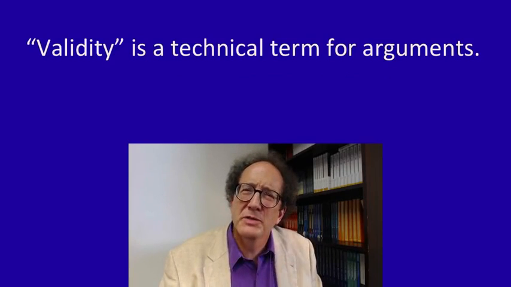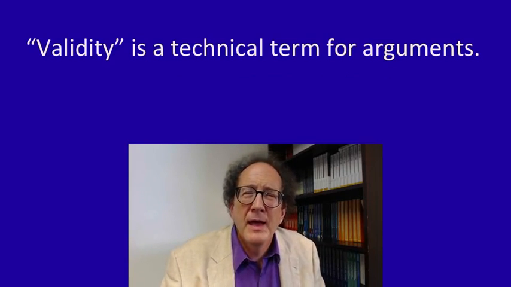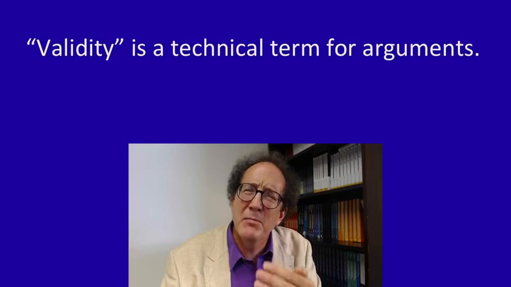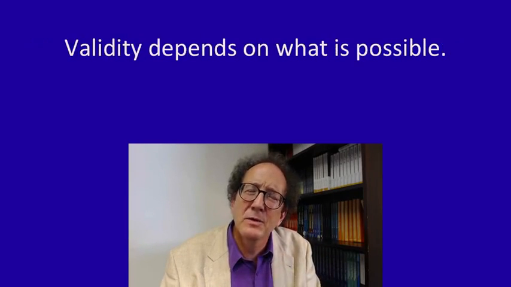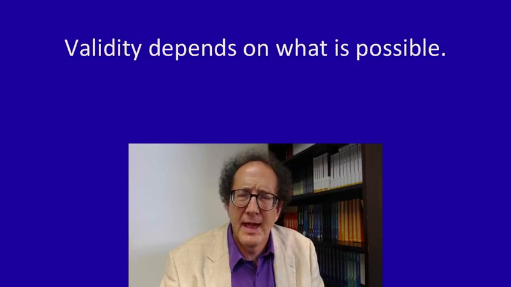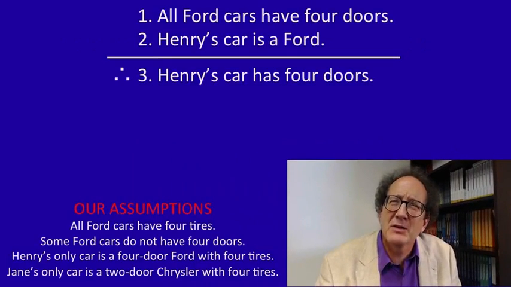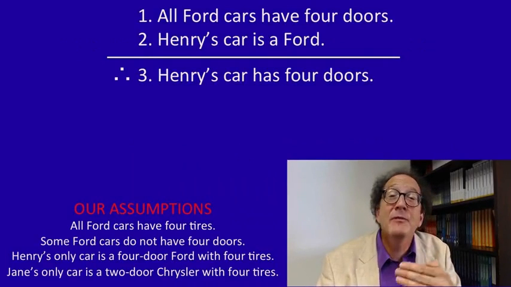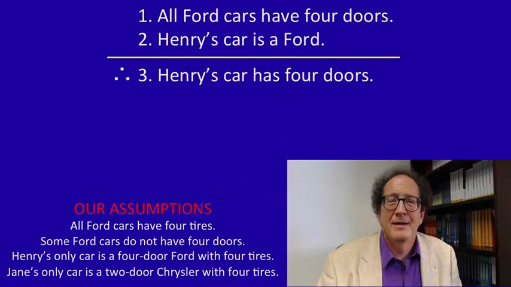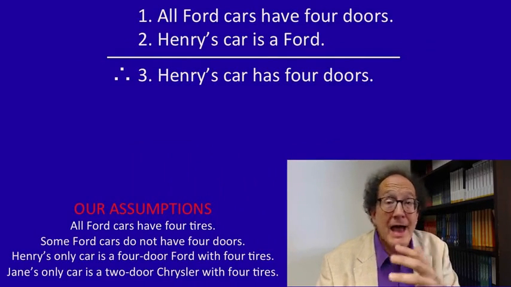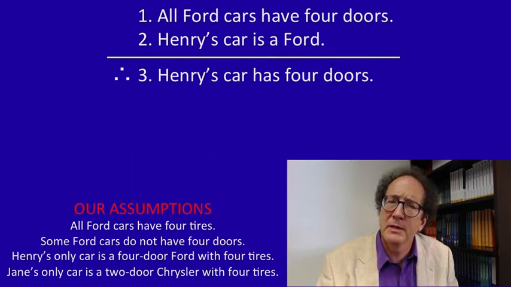The technical notion of validity that we're using here has to do with the relation between the premises and the conclusion, and in particular, it has to do with possibilities and not with the actual falsehood of the premise. So what we have to ask ourselves is, what would happen if it really were true that all Fords have 4 doors? It's not true in the actual world, but we're concerned with possibility.